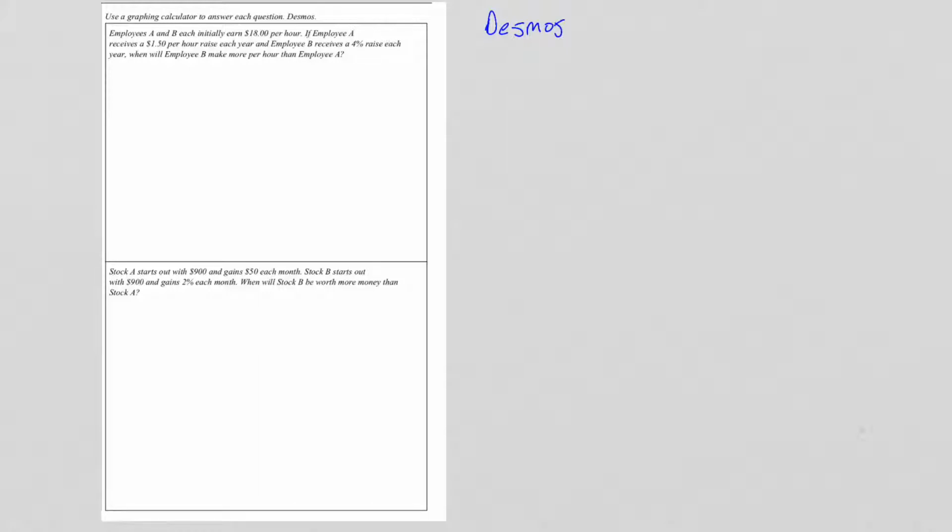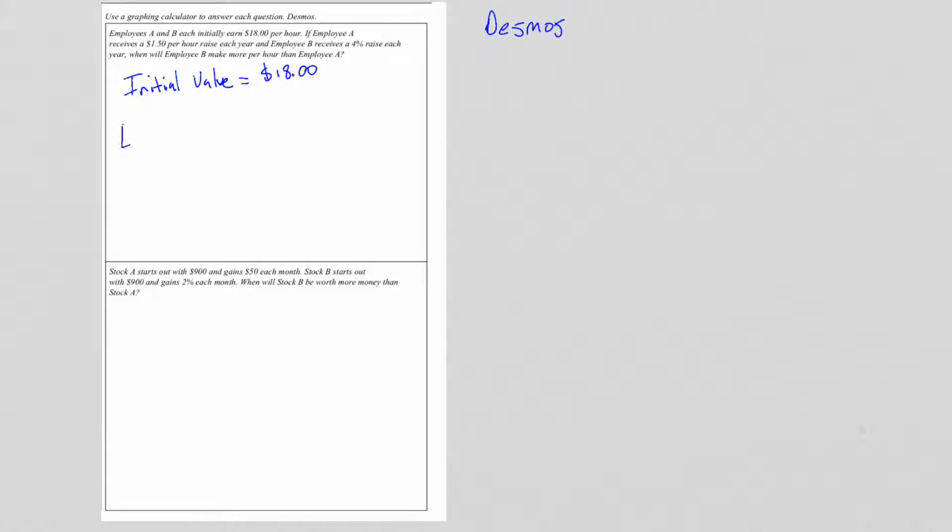So we have to model essentially several things. First, what is the initial value for both of these equations, right? What do they both start at? They both start at $18 an hour.